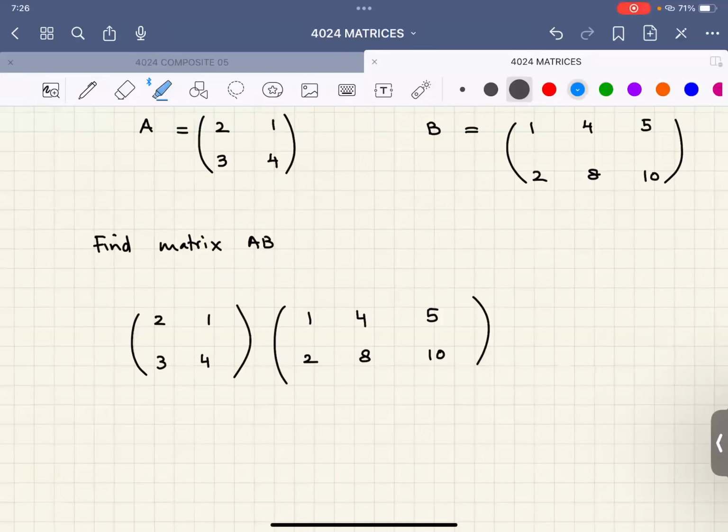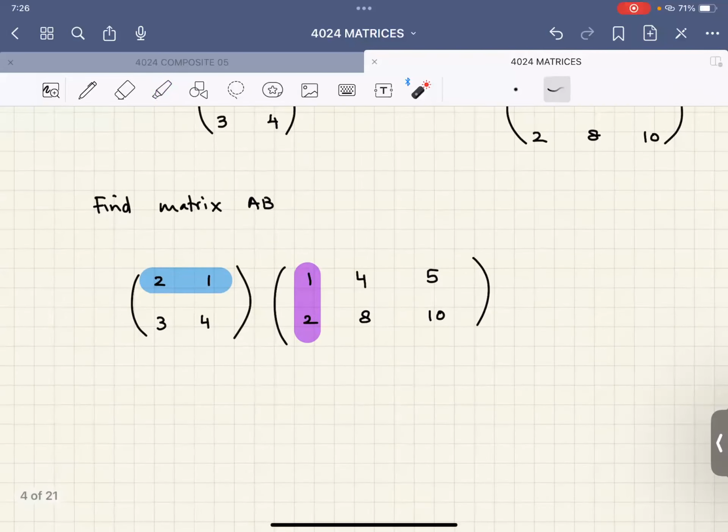Now let me use a highlighter again. Blue is for rows and purple is for columns. When I multiply, I take one row and one column, and I get one answer. The 2 gets multiplied with 1, and the 1 over here gets multiplied with this 2.